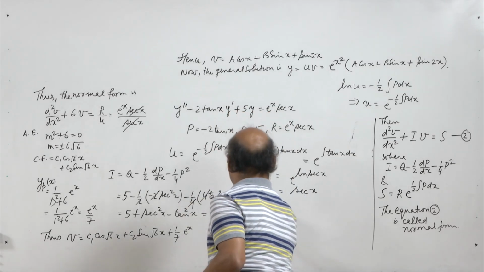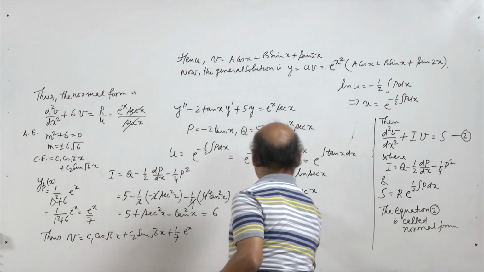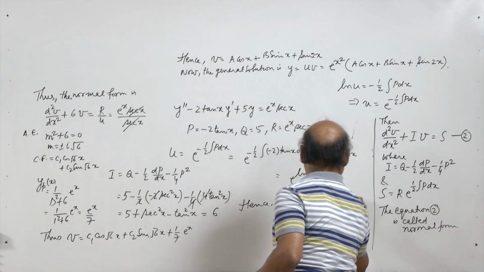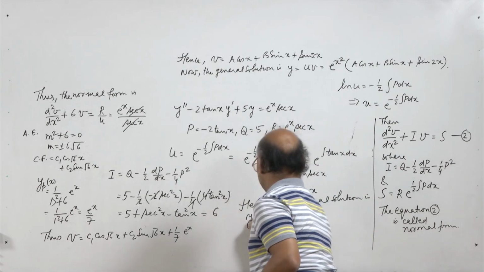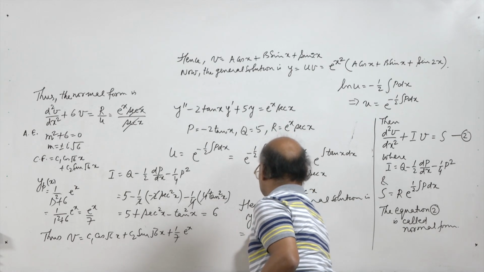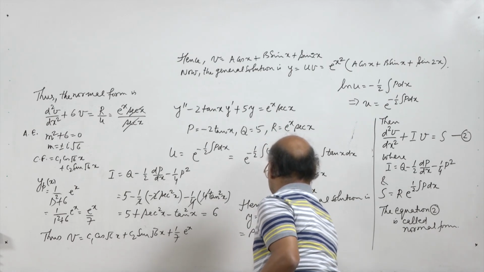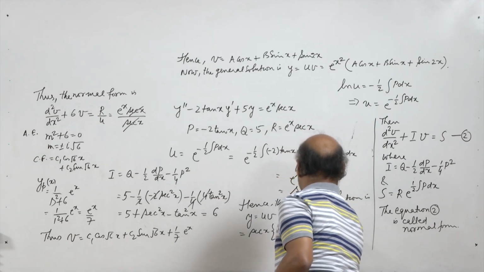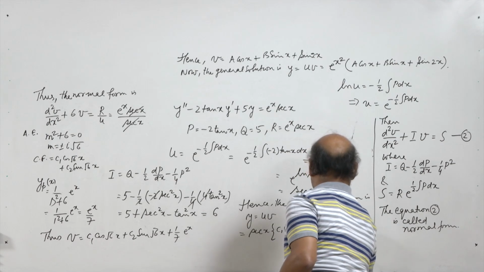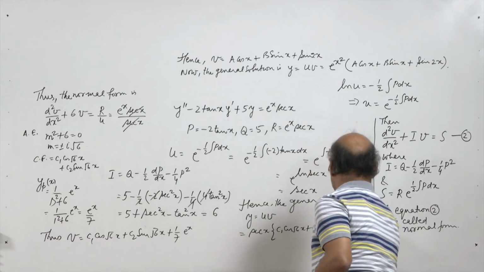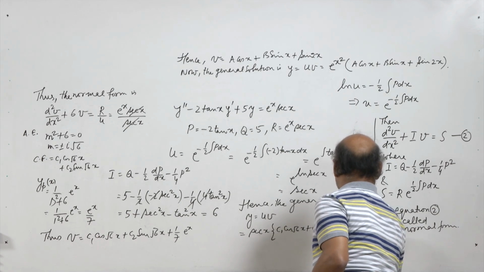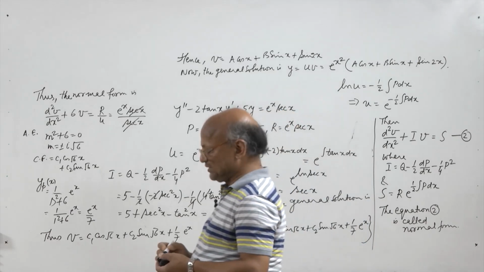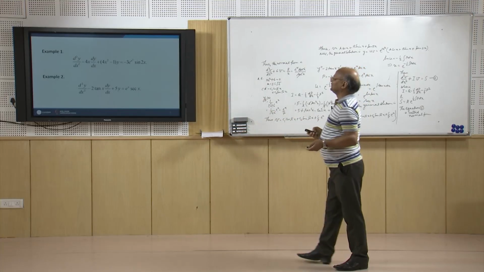So, hence the general solution is y equal to u into v, equal to sec x times C1 cos root 6 x plus C2 sin root 6 x plus 1 by 7 e to the power x. So, this is the general solution of the equation given in example 2.